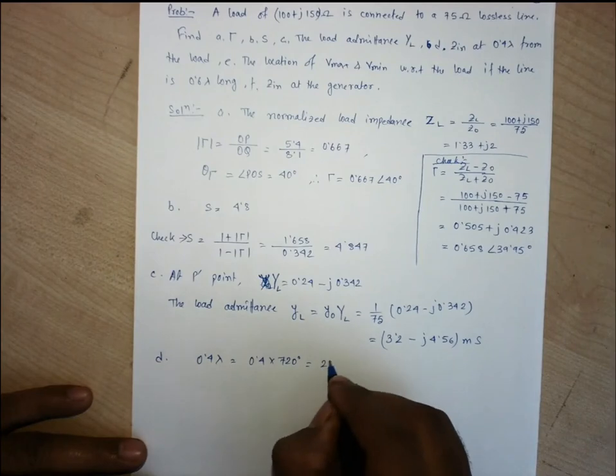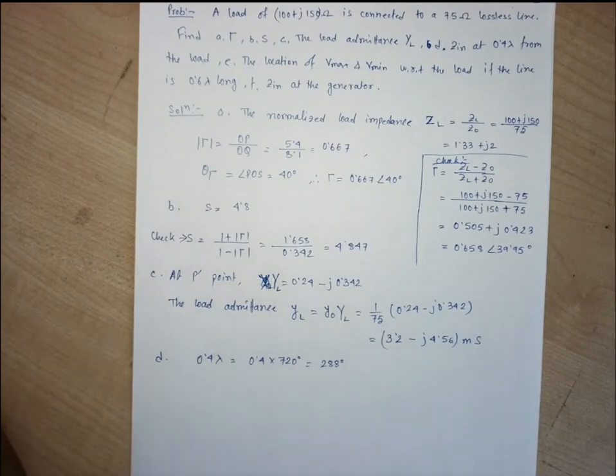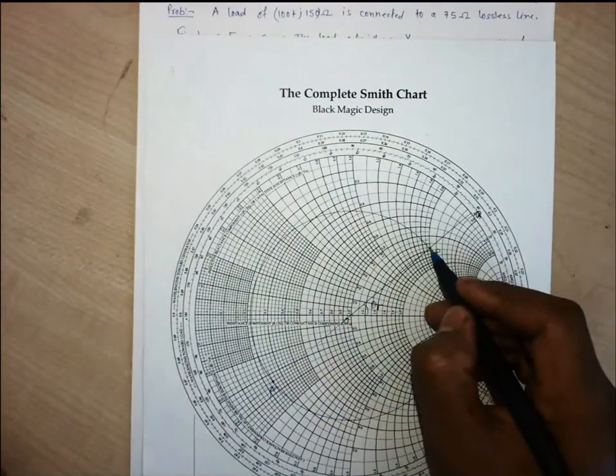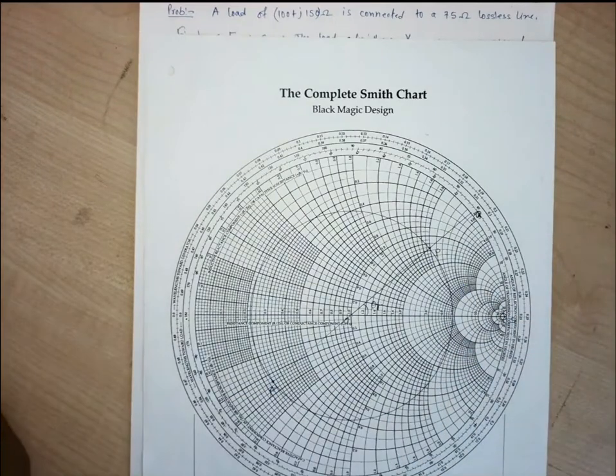So we need to move 288 degrees from the load towards the generator to find the input impedance at that point. This is our load end, and we need to move further 288 degrees.